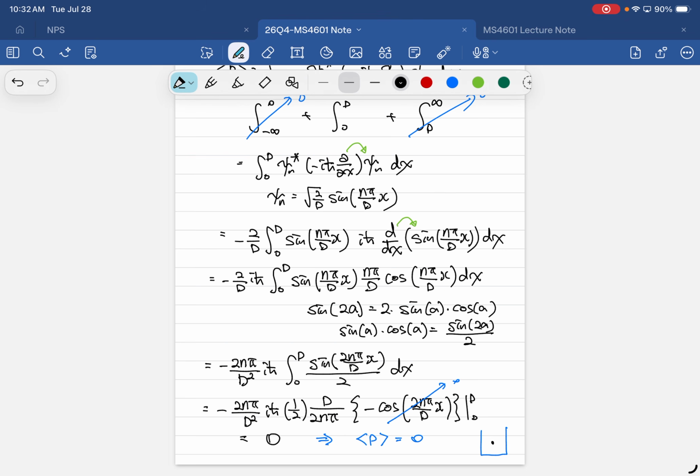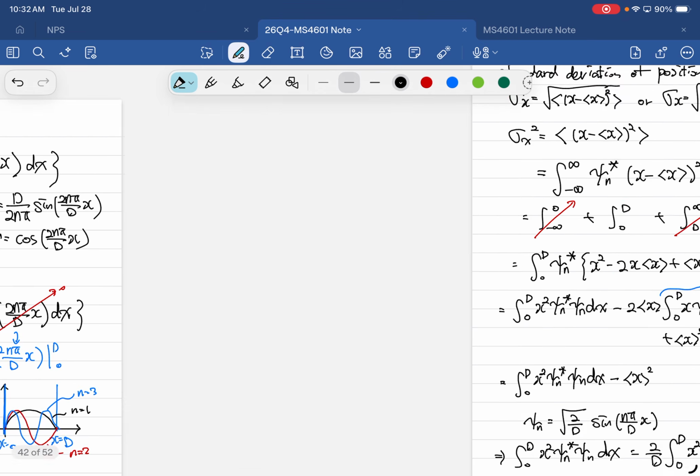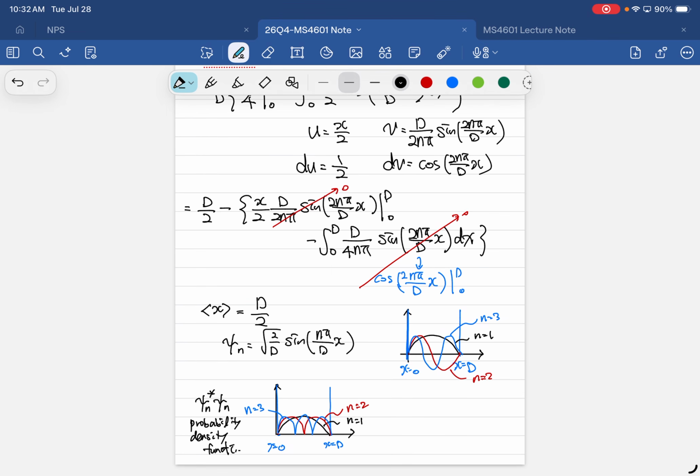Is it because these waves are oscillating and just cancel each other out? So basically, you can take any values of velocity for this particle. For example, when we look at the position, it has different probability at different places, right?